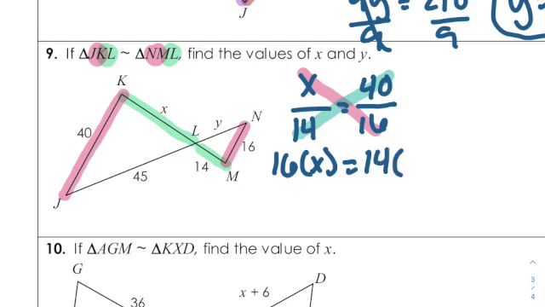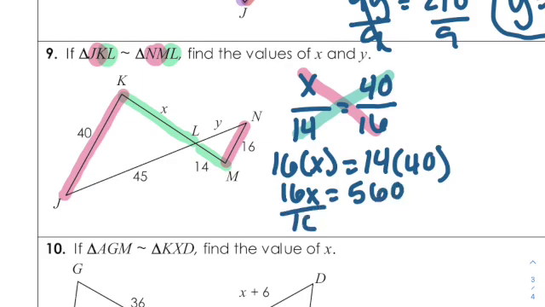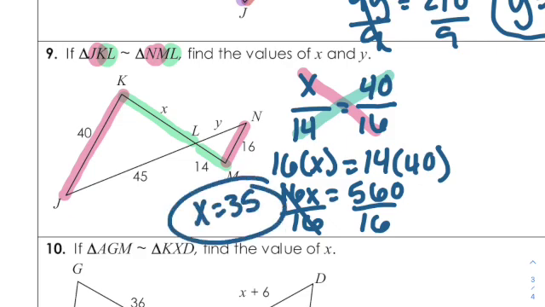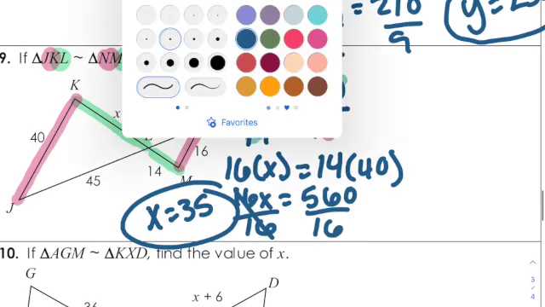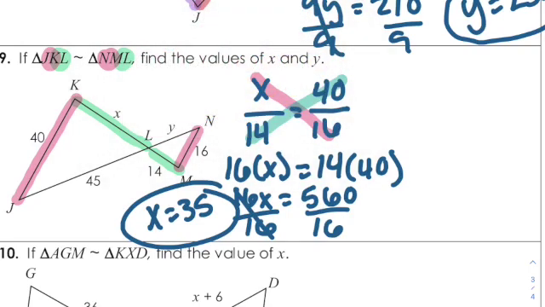So 14 parentheses 40. Then, of course, we do 16 times x, which is 16x. And 14 times 40 is 560. Then we divide both sides by 16. And x equals 35. Okay? So we found our x.